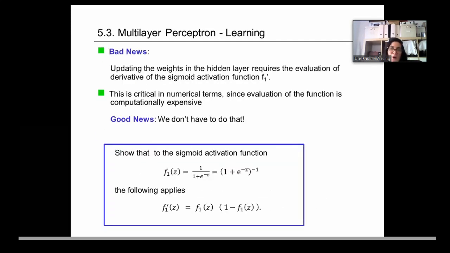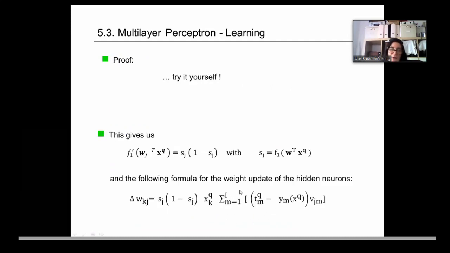You can prove this equation. Try to show that the derivative of the sigmoid function is equal to the sigmoid function itself times 1 minus the sigmoid function. That's nothing too complicated, so try it yourself.